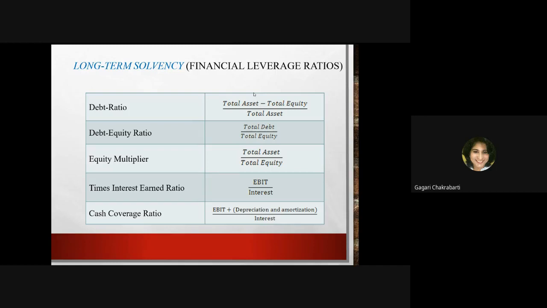The next one is the equity multiplier, which is the total asset by total equity. In the first two cases, we were talking in terms of debt to asset and debt to equity. Now we are talking in terms of the equity, the total stockholders' equity. So total asset per unit of total equity.